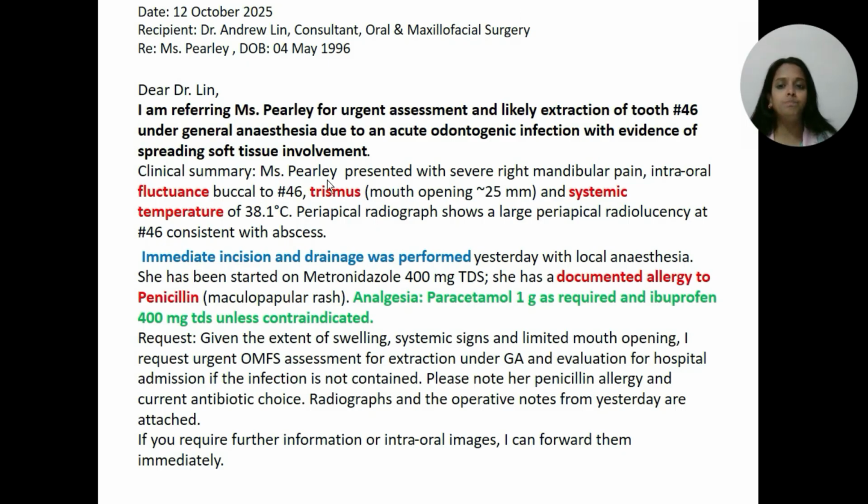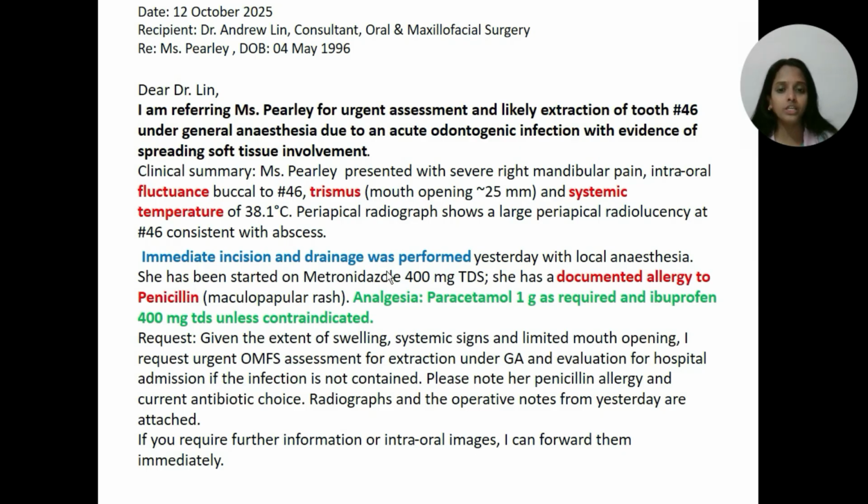Clinical summary: Ms. Purley presented with severe right mandibular pain, intraoral fluctuance buccal to 46, trismus, and systemic temperature of 38.1 degrees Celsius. Periapical radiograph shows a large periapical radiolucency at 46 consistent with abscess.